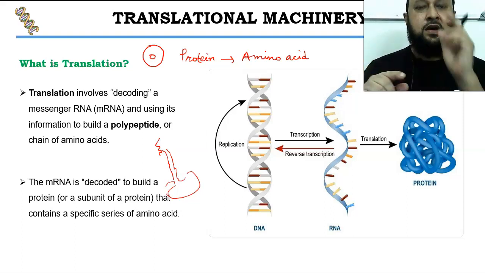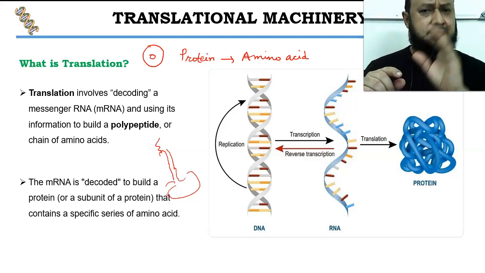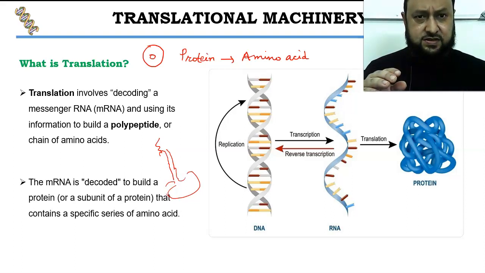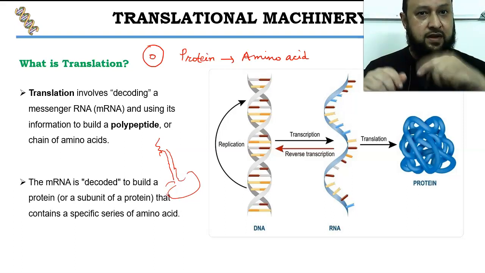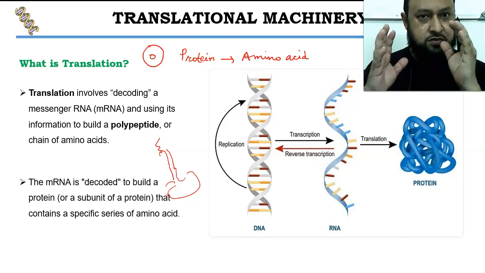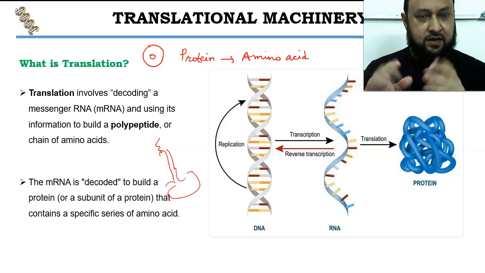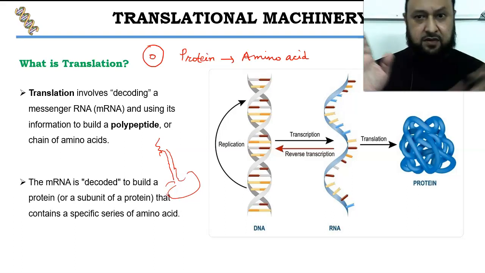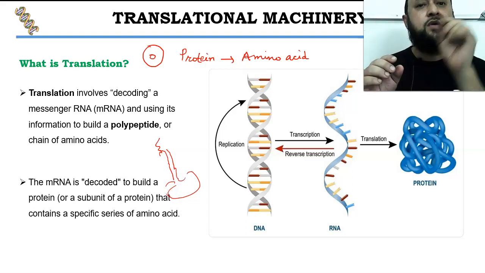Once this digestion is completed and the product is formed into amino acids, these amino acids are absorbed. I am repeating again and again to make you very clear. Once these amino acids are absorbed into the blood and reach different parts of the body, they go into the cell.